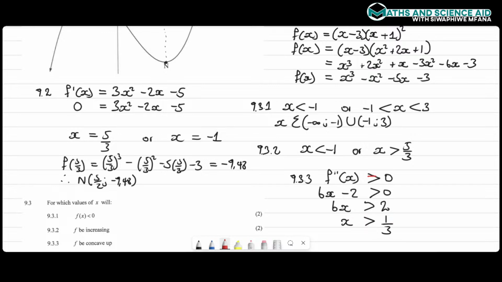So just imagine that this wasn't an inequality, but just an equal sign. So this 1 over 3 is obviously our point of inflection. We get the point of inflection by deriving the first derivative and then equating that to 0.